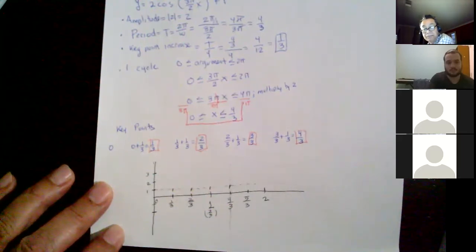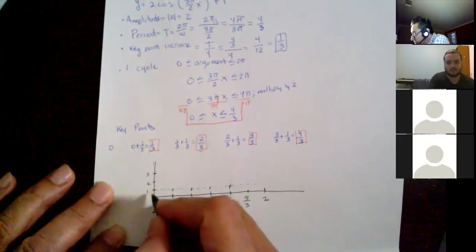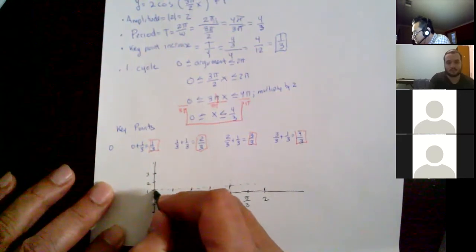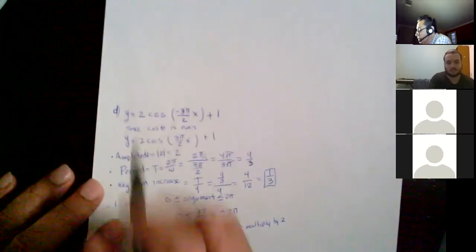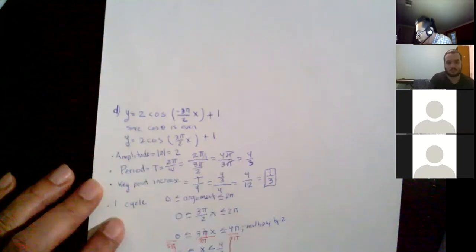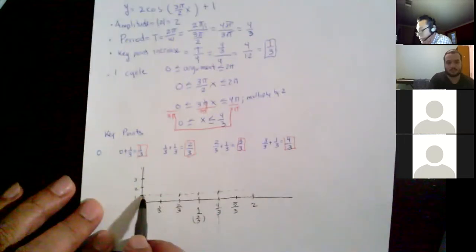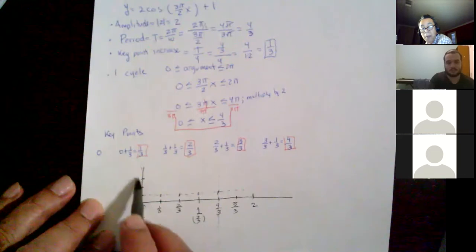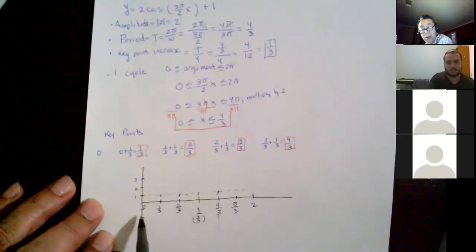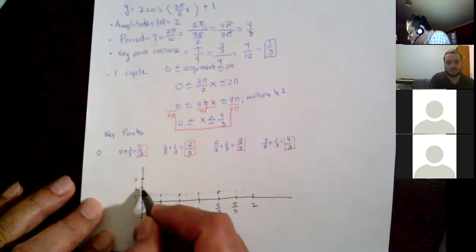Ready? And now that I moved up 1, I'm gonna take care of the amplitude. From this line, the amplitude is 2, you guys. So from this line right here, I'm gonna go up 2 and down 2, all right? I'll go 1 and 2.